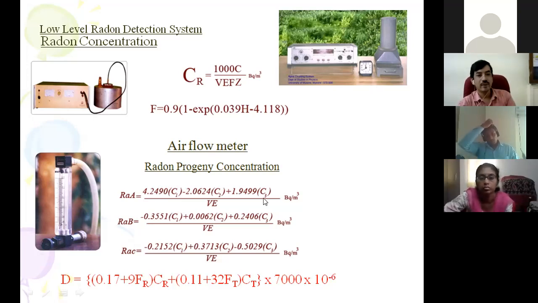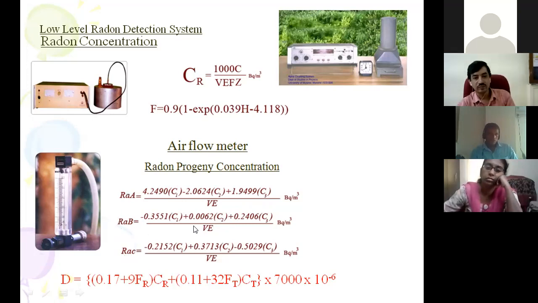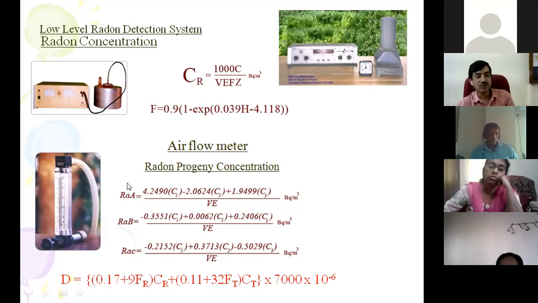There are so many methods. This is the best method by which we can get the concentration of all three isotopes: lead, polonium, and bismuth. Historically, we identified polonium as radium A, and bismuth and lead as radium B and C. These three isotopes have different half-lives and are undergoing successive radioactive decay.